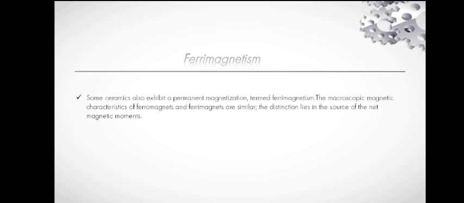The distinction lies in the source of the net magnetic moments. There are antiparallel spin coupling interactions between the Fe ions, similar in character to antiferromagnetism. However, the net ferrimagnetic moment arises from the incomplete cancellation of spin moments.